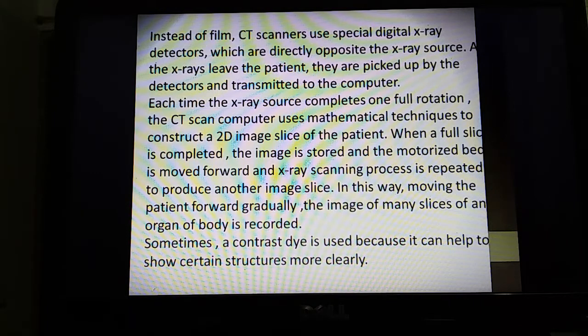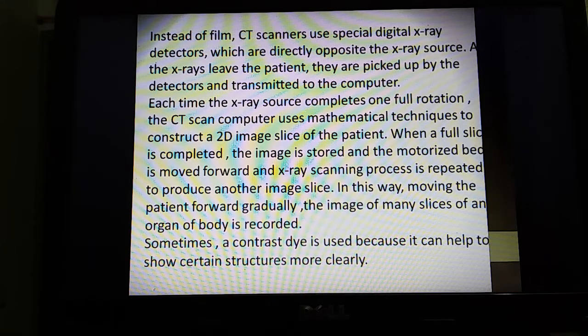So instead of film, CT scanners use digital X-ray detectors, which are directly opposite the X-ray source. As we have said about the image of the CT scan, it uses an X-ray source, and there are also X-ray detectors directly opposite the X-ray tube.